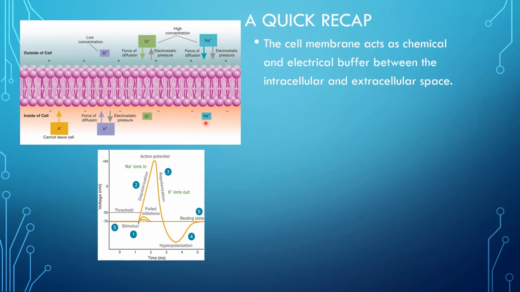But this isn't the case for everything. For example, because the inside of the cell is more negative, potassium is going to have electrostatic pressure keeping it in. The inside of the cell wants to hold on to as many positively charged ions as it can. It's very, very negative, and so it wants to hold on to them. However, there are more potassium molecules inside the cell than there are outside. There's a lower concentration out here, which means that diffusion wants to push these out.